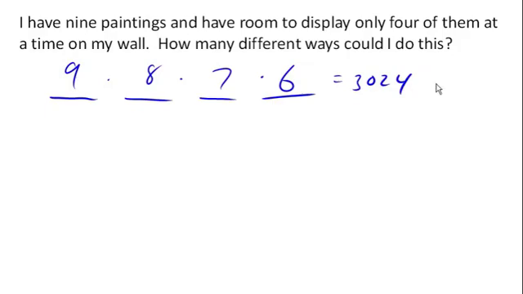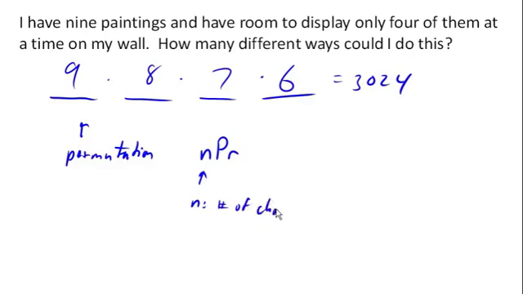Now, we're going to try to come up with another way to do this, and this thing is what we call a permutation. A permutation is a rearrangement of items where order matters, and we're selecting from a group. The usual notation is nPr, where n is the number of items, the number of choices, and then r is how many we're going to pick.